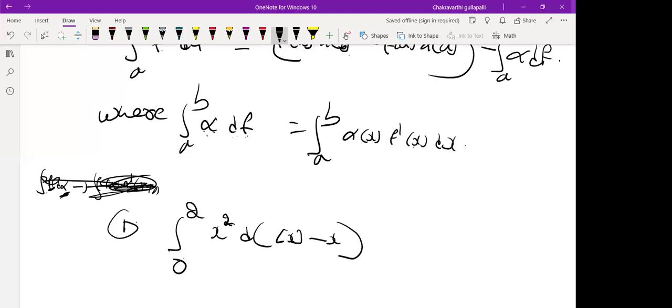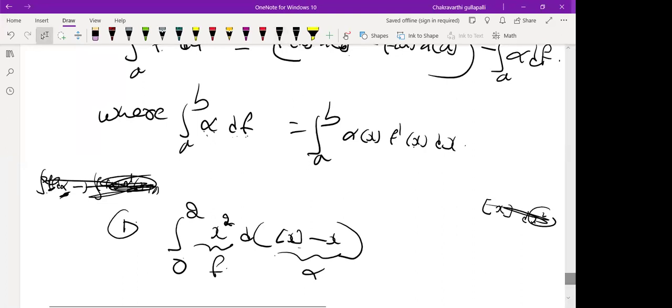This is not differentiable. Earlier you had box x dx square, where x square is differentiable, so you applied the first theorem. Here this is your alpha, this is your f d alpha. But this is not differentiable. The derivative of box x does not exist.